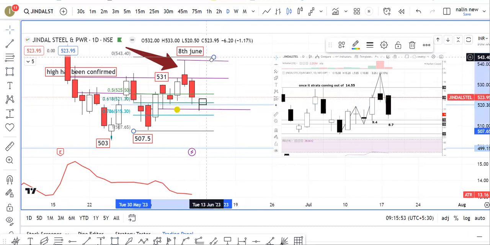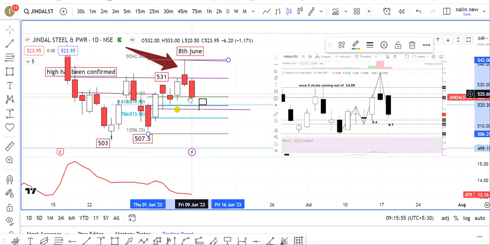But surely it will go below this price. 500, and it has closed around 523.95 and coming down to 519, that is around 3.5 rupees.